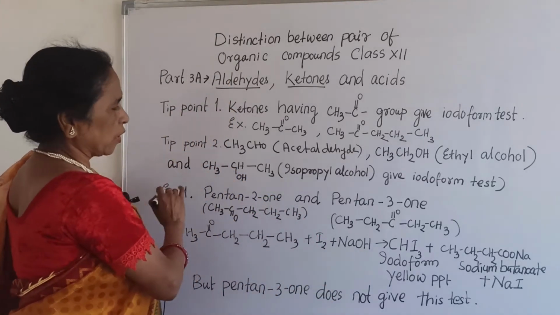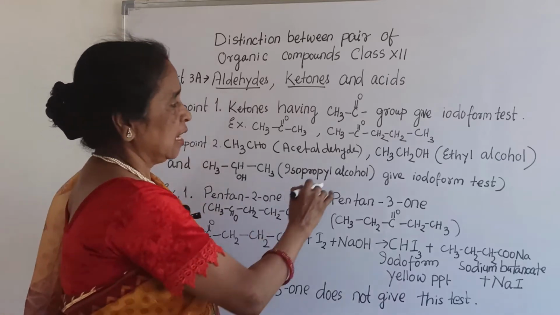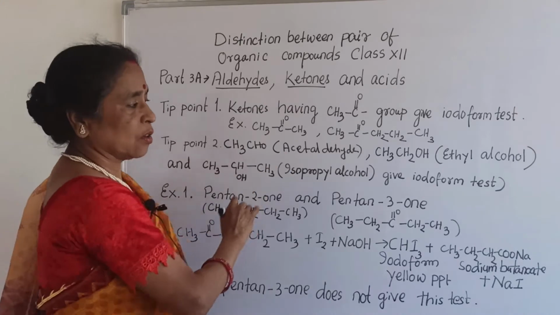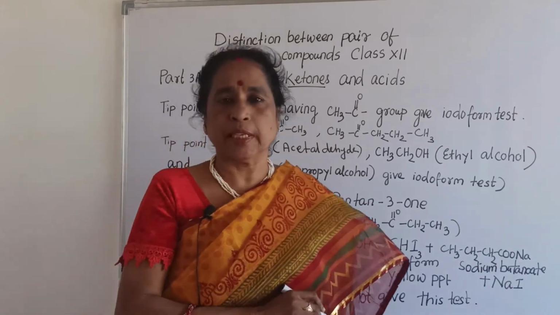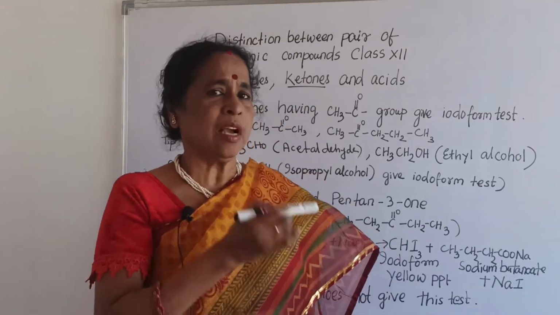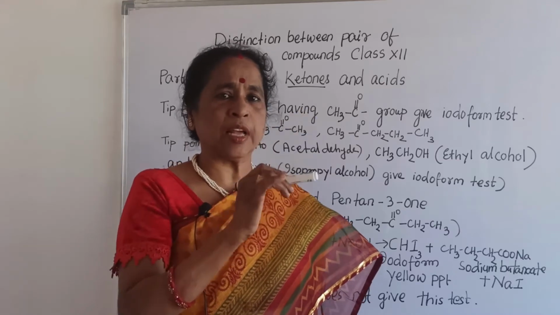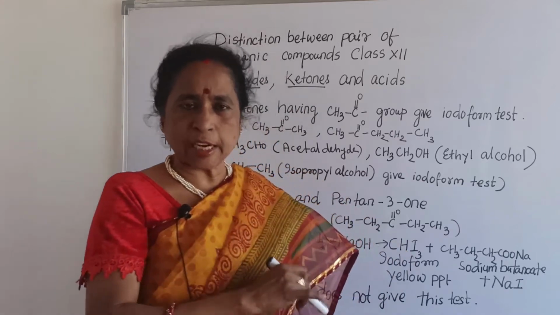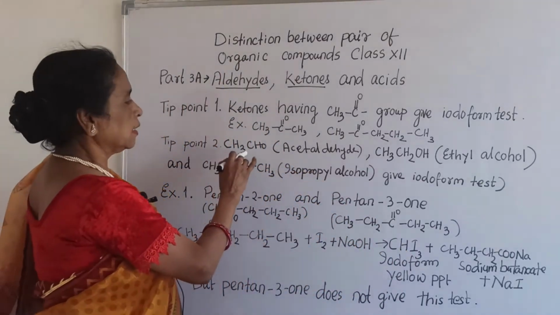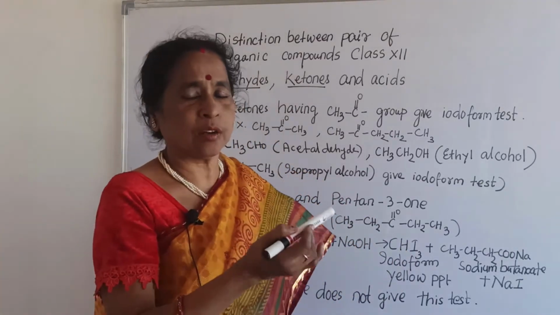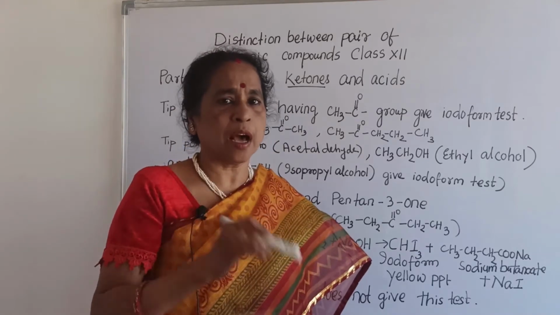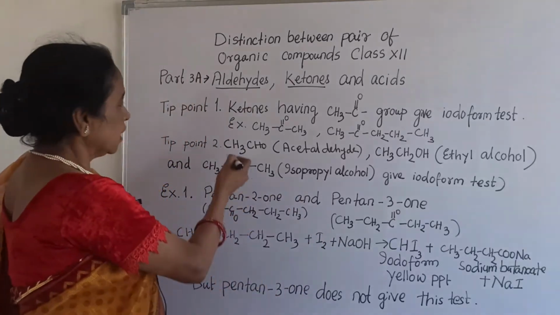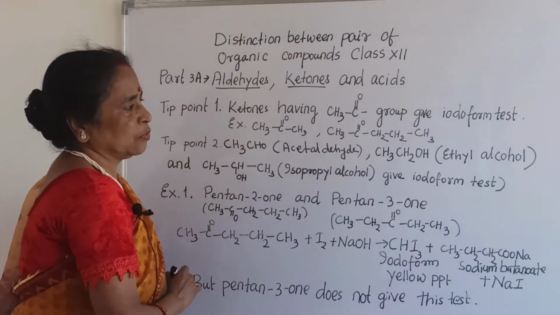Similarly, the second point: acetaldehyde, ethyl alcohol and isopropyl alcohol give the iodoform test. In the first point you have seen that only ketones with the CH3CO group give the iodoform test, and in the second point we observe that acetaldehyde, ethyl alcohol and isopropyl alcohol also give it.